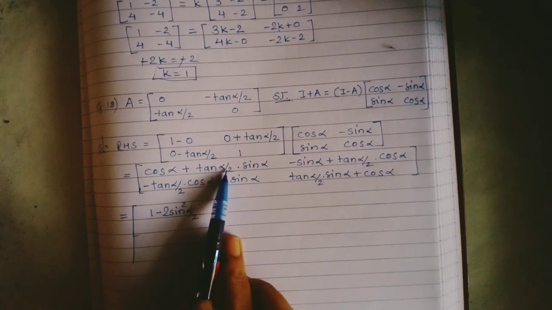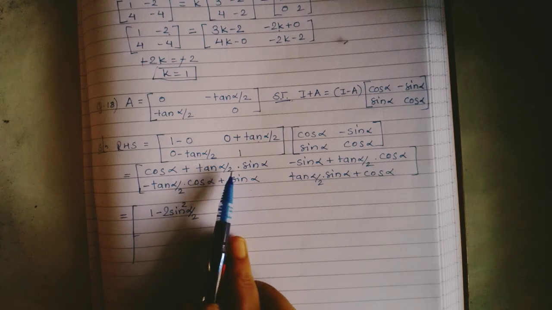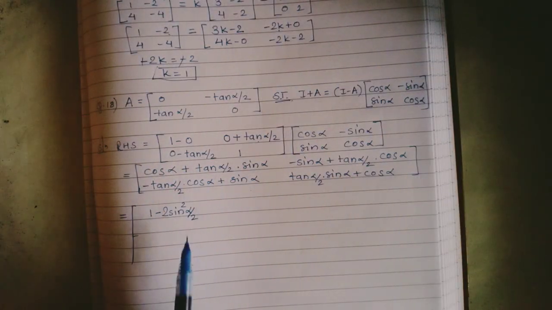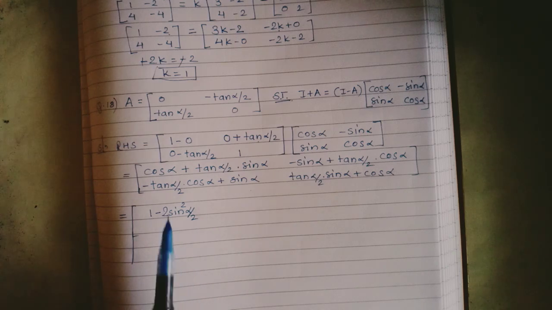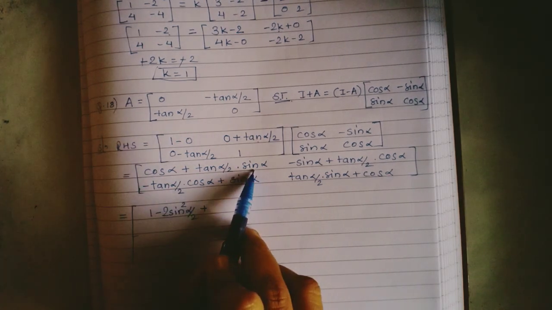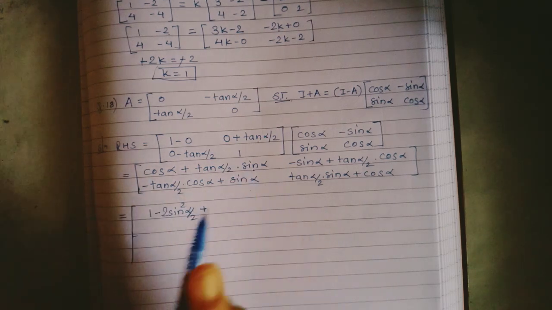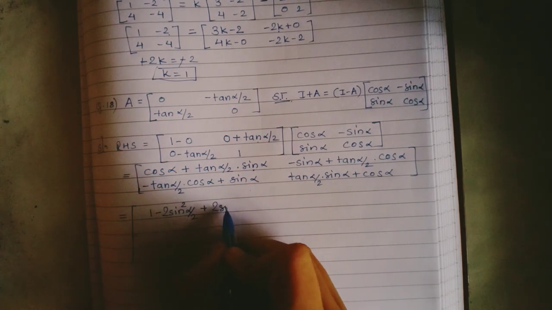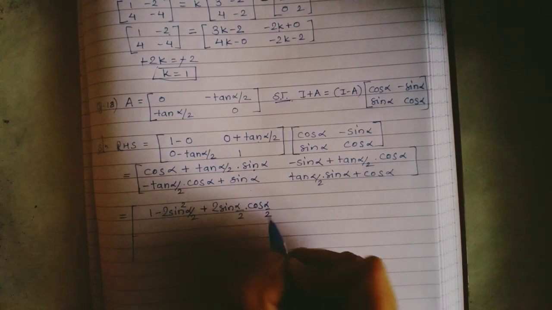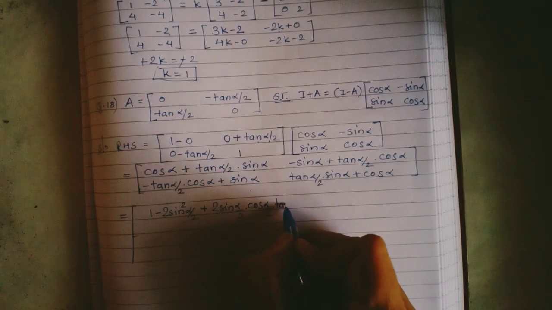Because this tan alpha by 2 is given, that is your half angle. So we need all these terms in terms of half angle. Similarly you can write your sin alpha as 2 times sin alpha by 2 into cos alpha by 2, and then your tan alpha by 2.